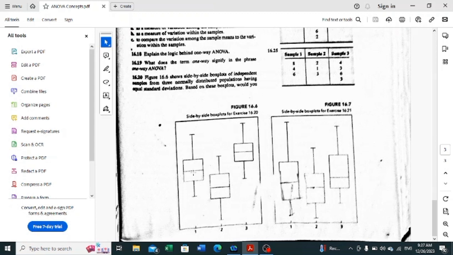Therefore, in the first case, we can easily conclude that the medians of all three populations differ. In this order, mu2 curve is least, next higher is mu1 curve, and the highest is mu3 curve. But we cannot draw this conclusion in the second case.